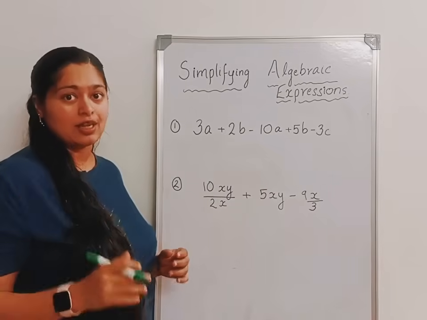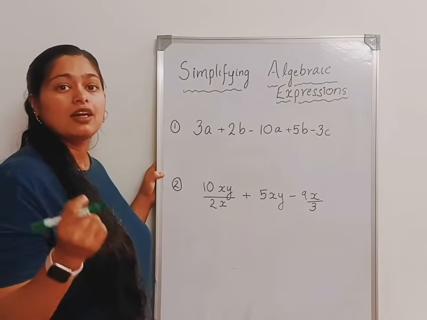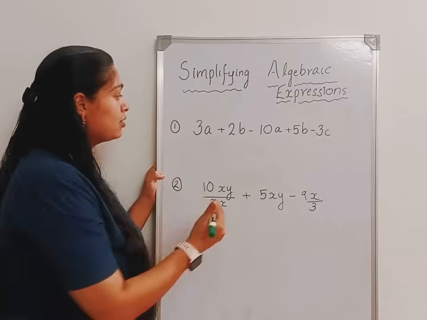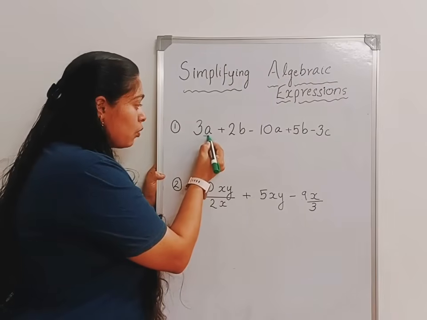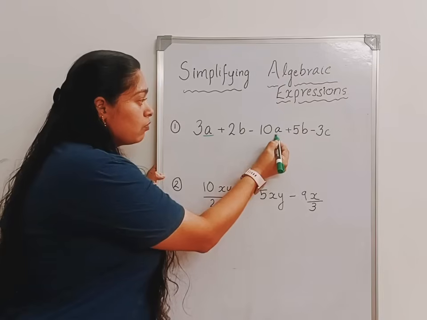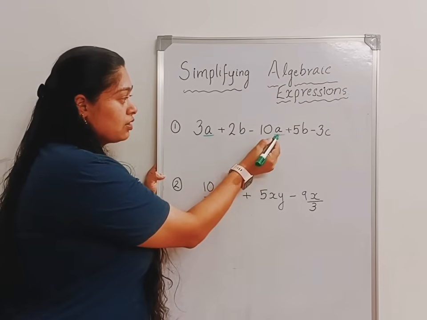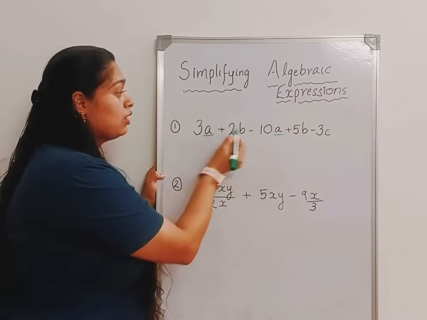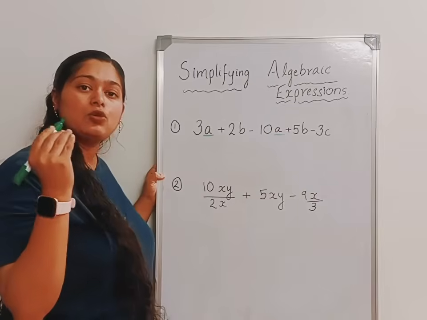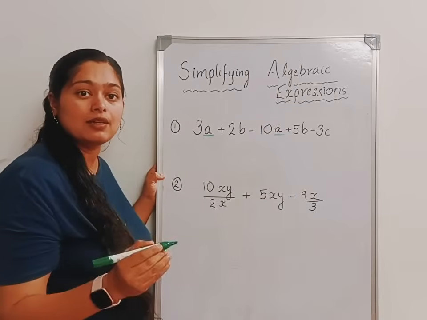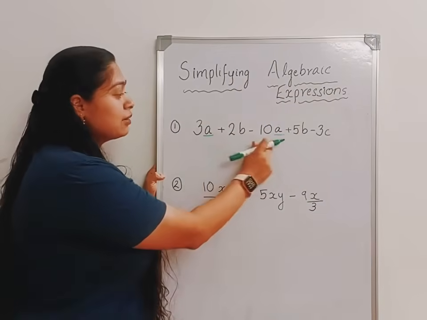I have explained it clearly. But still, I'll tell you again what like terms are. Like terms are terms with the same variable. You can see here 3a, and this term also has an a. So they are like terms and you can add and subtract like terms according to their symbols.